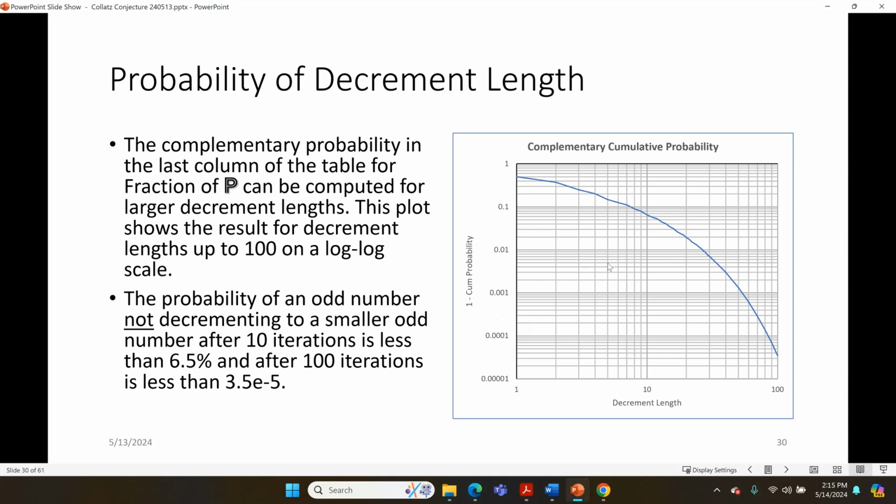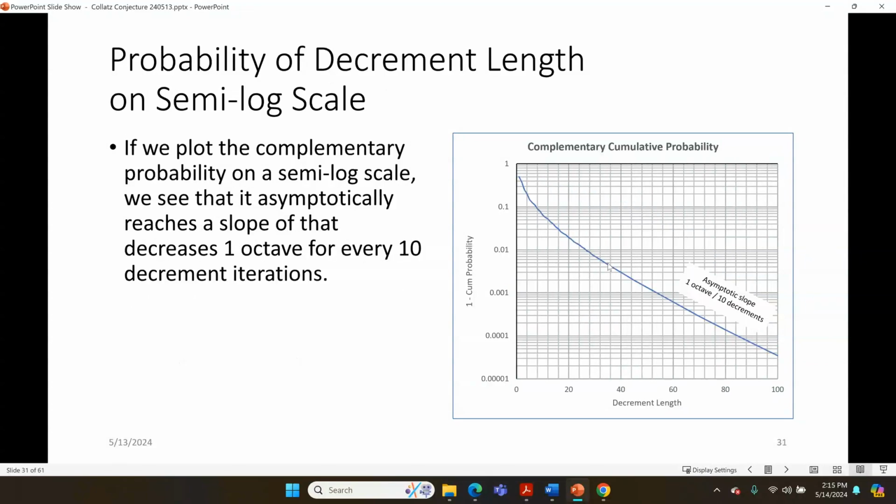Here, if we plot it on a semi-log scale, we see it converges to an asymptotic slope that decreases at the rate of one octave for every 10 decrements. So this lets us easily predict the fraction of numbers in P that are going to require more iterations, for very large decrement lengths.